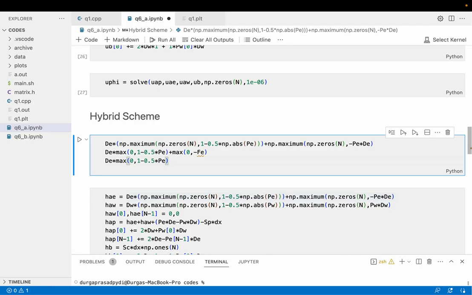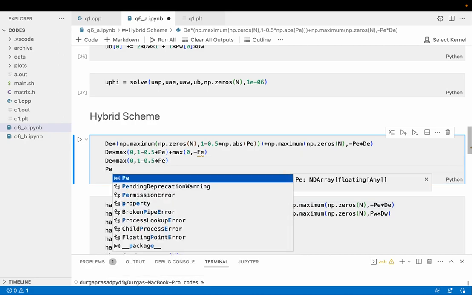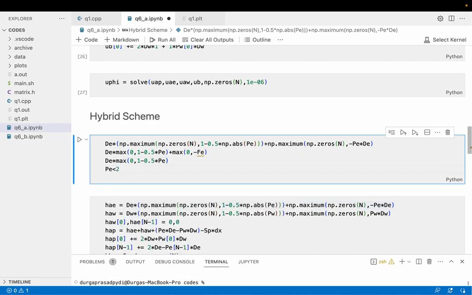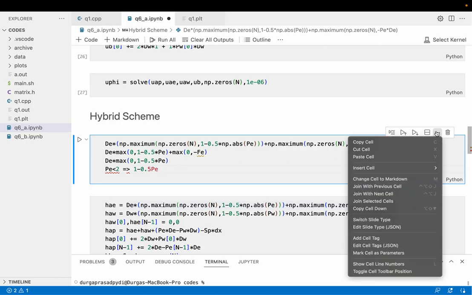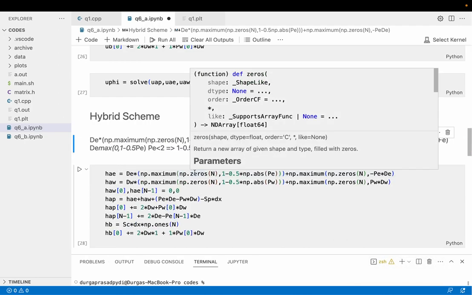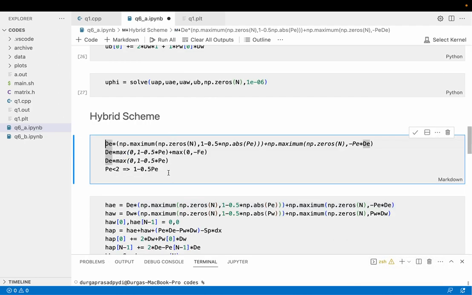If your cell Peclet number is less than 2, in that particular case, will 1 minus 0.5 into Peclet number be positive or negative?